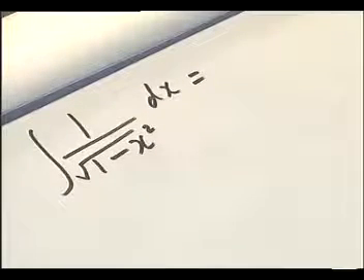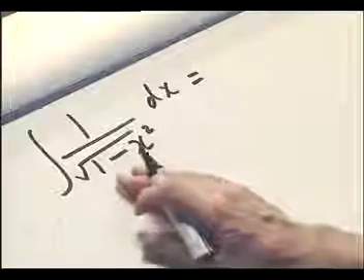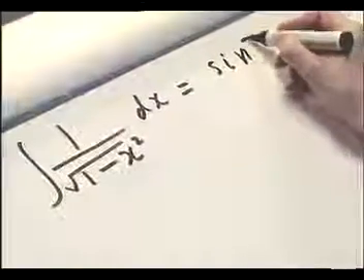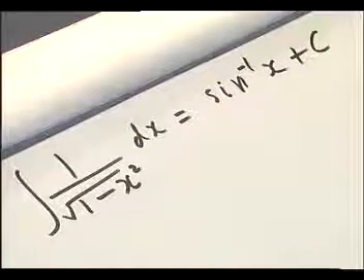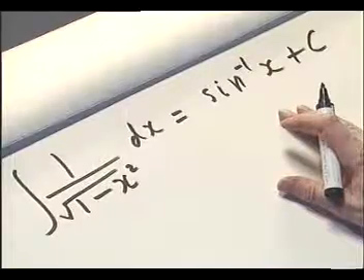With the differentiation of the inverse trig function, we saw that when we differentiated sine to the minus 1 of x, we got this. And so if we reverse that, sine to the minus 1 of x must be the answer to the integral, because integration reverses differentiation.